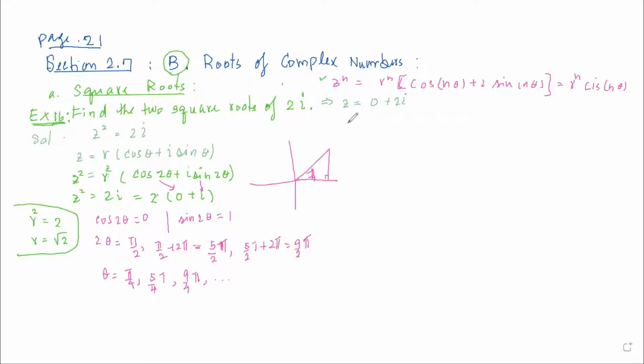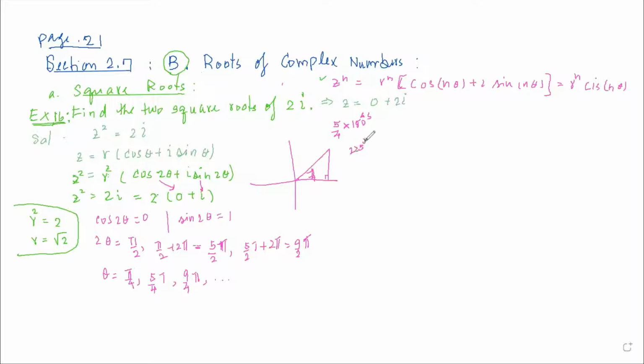That means 5 over 4 pi equals how many degrees? 5 over 4 times 180. So 4 times 4 is 16, 4 times 5 is 20, so 5 times 5 is 25.